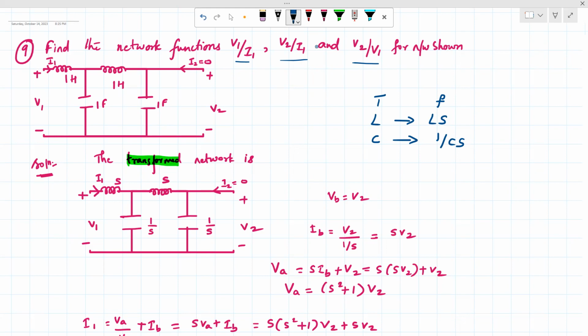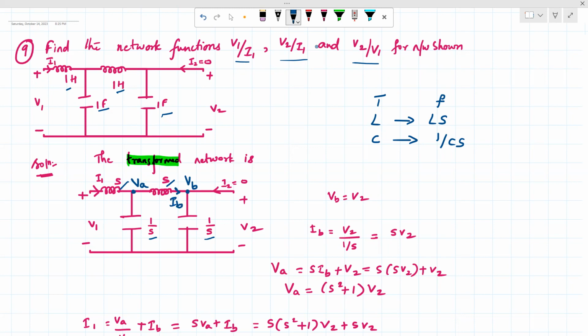So you can see here 1 henry is replaced by S, and 1 farad is replaced by 1 by S. So we will call this point VB, and this point VA, and let this current be I.